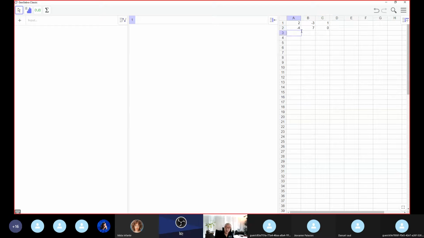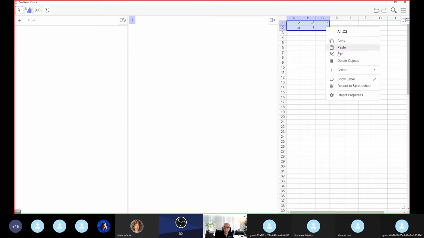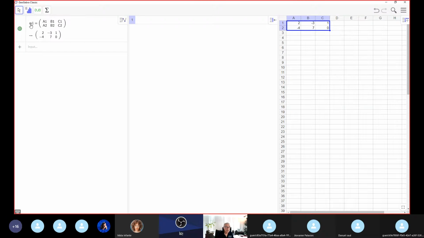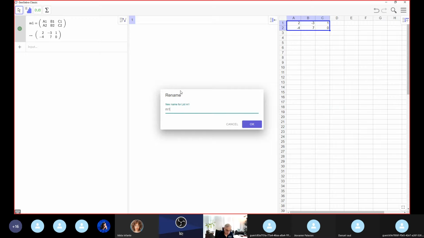This is my matrix C. Good practice is, immediately when you finish typing the numbers, you convert to the matrix object and rename. This is C. This is not mandatory. If you like the name matrix 1, M1, that's okay for you.